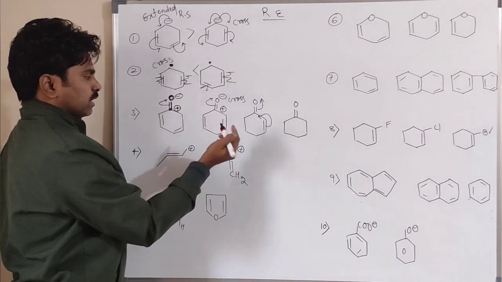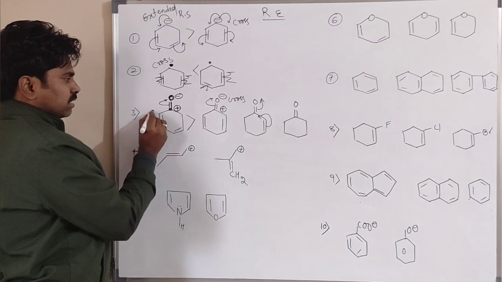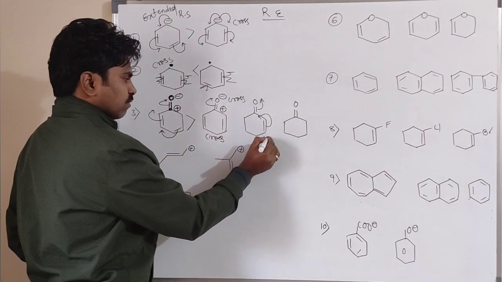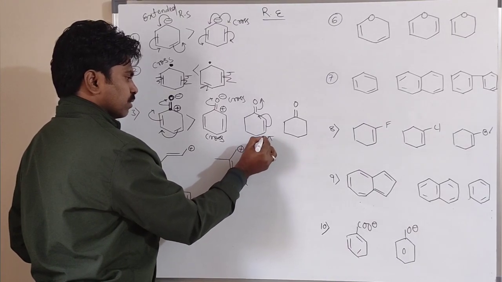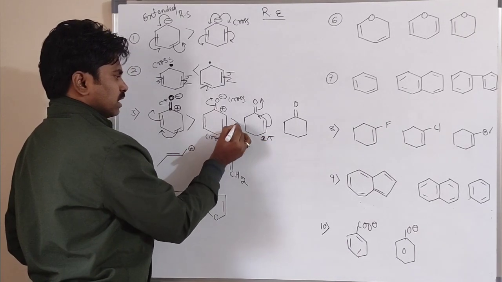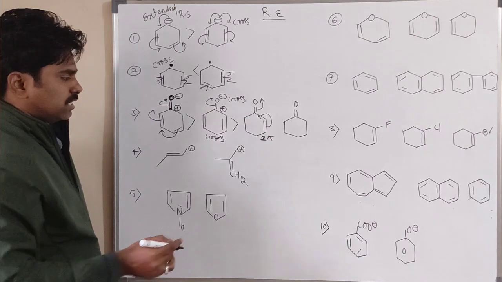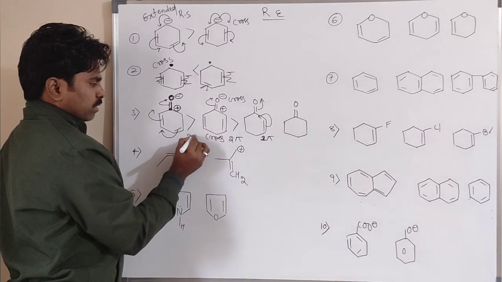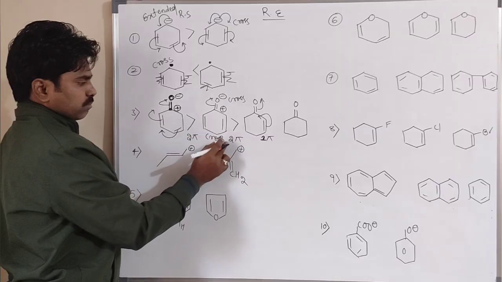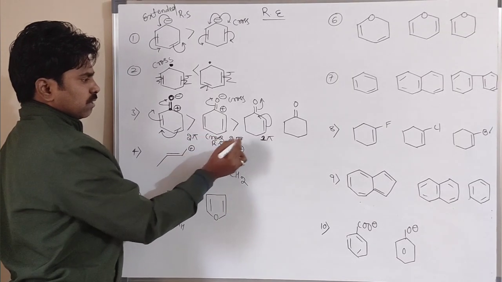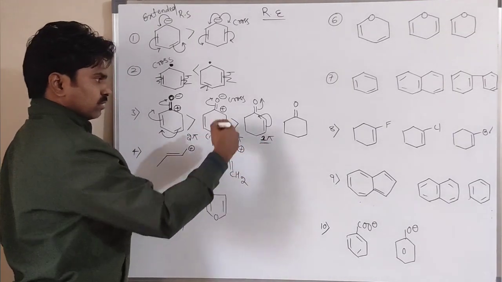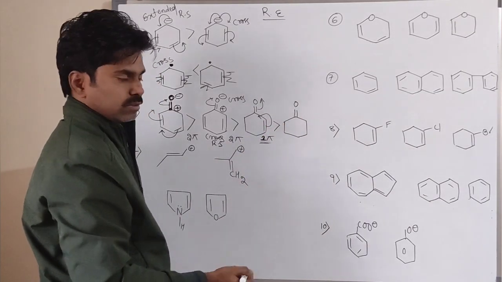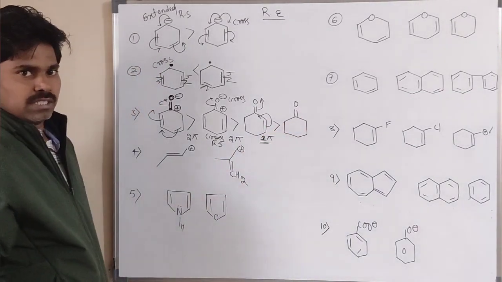So this is the extended resonance, this is the cross resonance, but here there is 1 pi bond. Because of that, 1 pi bond has less resonance energy compared to 2 pi bonds. Here also 2 pi bonds, but here is extended resonance and here is cross resonance. But in this case, 1 pi bond with conjugation. But in this case there is no conjugation, so there is no resonance energy.